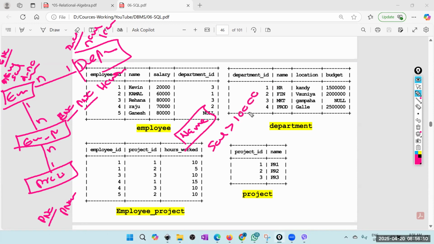You need to write it as a relational algebraic expression. Assume there's a field called name in employee. Names of employees whose salary is greater than 100,000 rupees. I just need the names. Right. Write the expression.